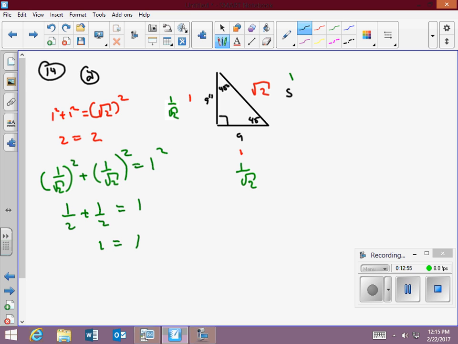S is to 9 as the square root of 2 is to 1, using this ratio that's red, the square root of 2 and 1. So S is going to be the square root of 2 times 9.